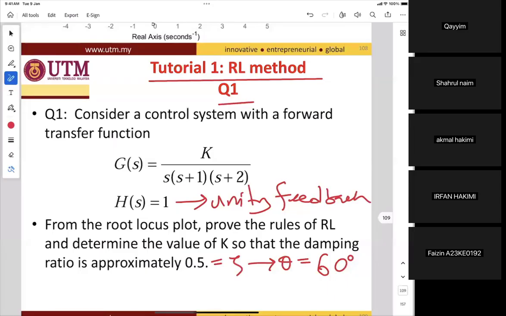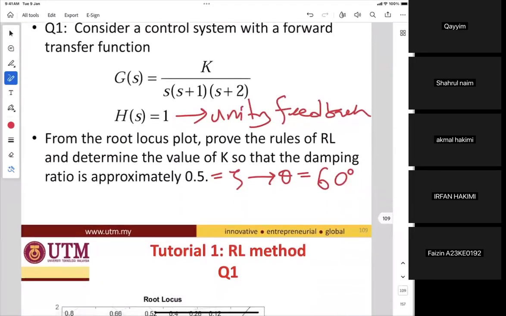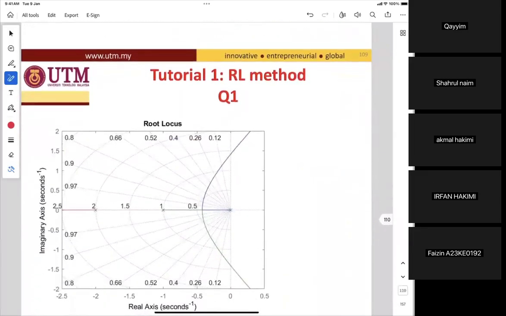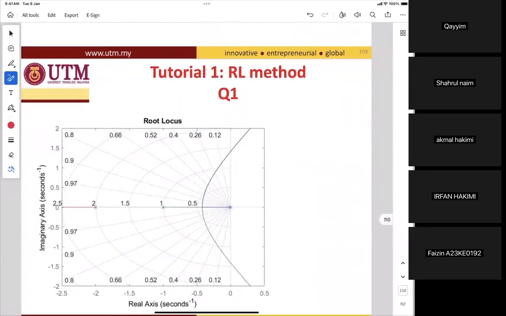Okay, more or less the question is like that. So this is your 0, minus 1. Here is the j omega crossing. Here is the breakaway point. So 60 degrees is over here.